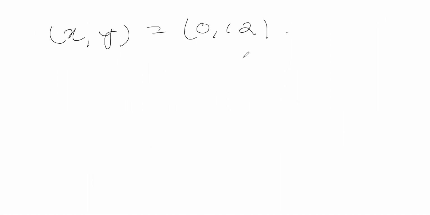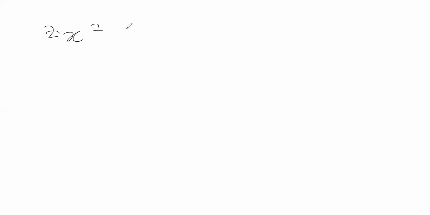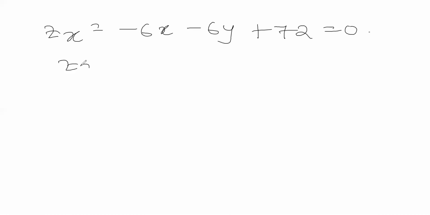Now, let's take the second order derivative. For that, we will write the first order derivative first, which is negative 6x minus 6y plus 72 is equal to 0. So z of xx is here negative 6, which is less than 0.